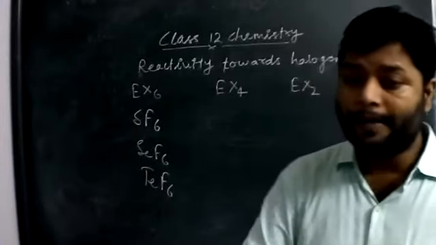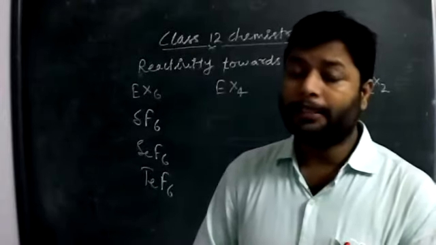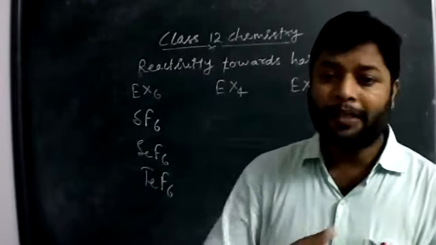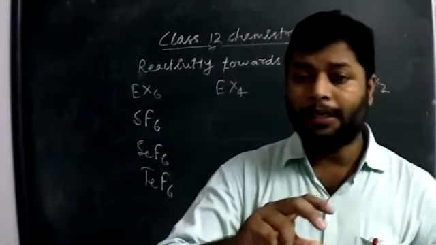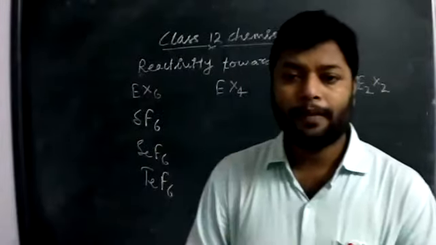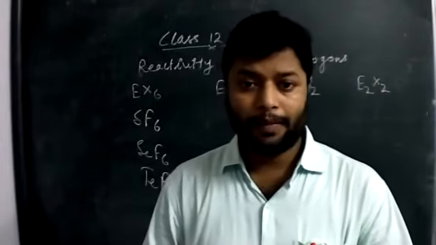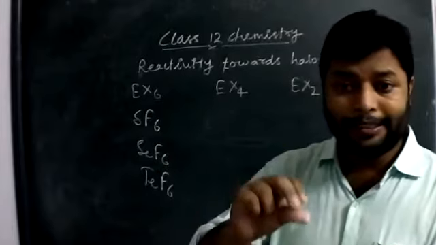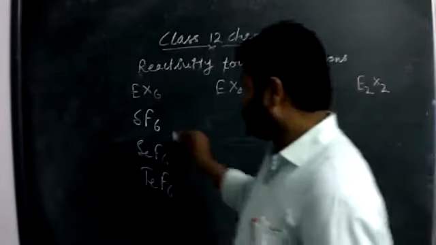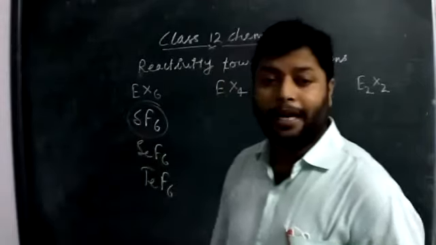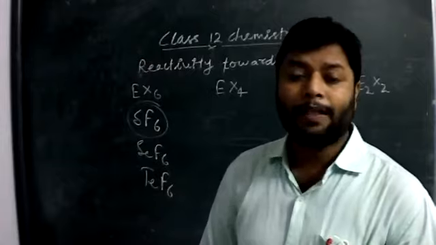Whenever we are dealing with stability, stability always decreases down the group because of the increase in size, because of less availability of electron density, because of a low extent of overlapping, and because of a low tendency of hybridization. So you can easily compare that SF6 will be more stable than the other members of the group.